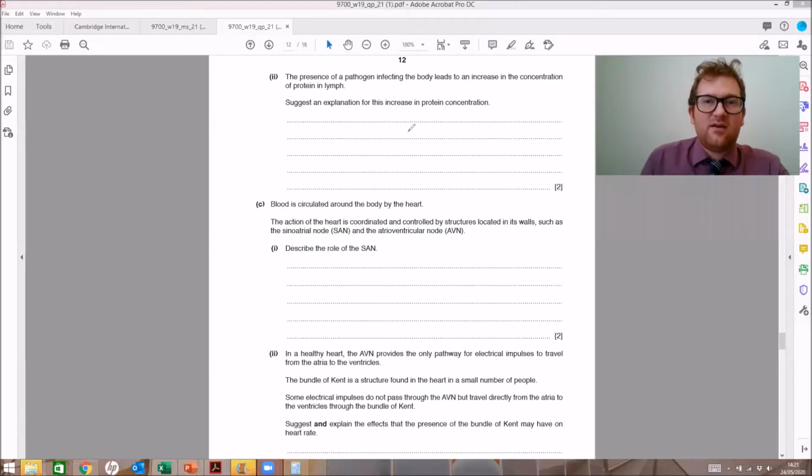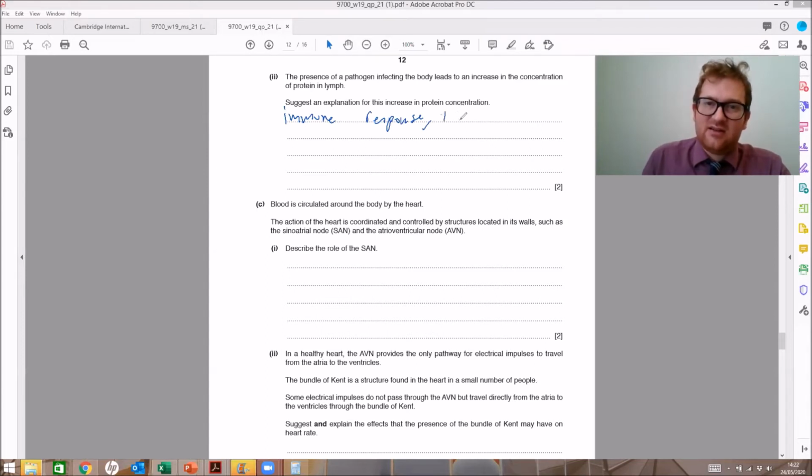2I. The presence of a pathogen infecting the body leads to an increase in the concentration of protein in the lymph. Suggest an explanation for this increase in protein. Well, a pathogen would lead to an immune response. The idea here is that we would have a production of antibodies and cytokines.